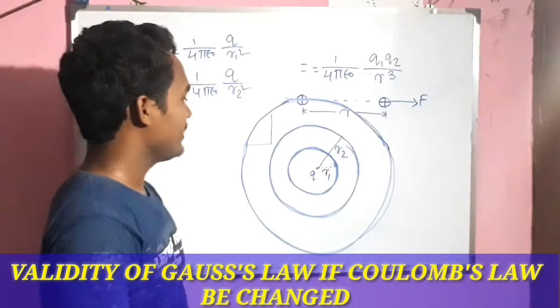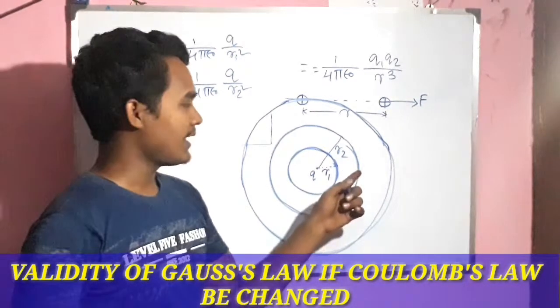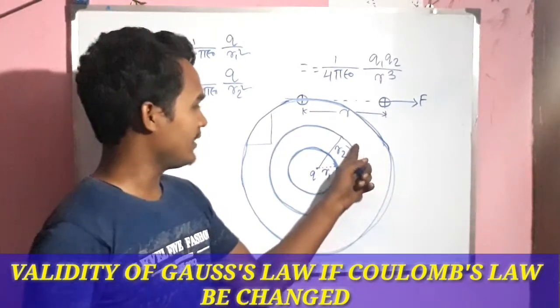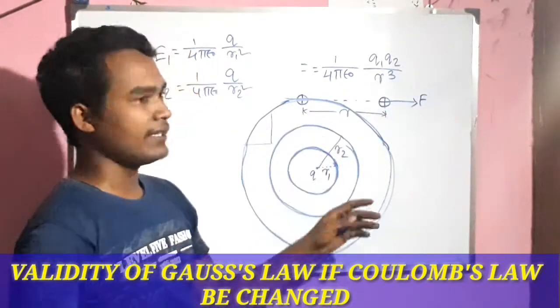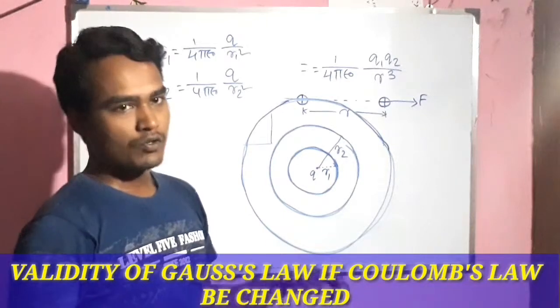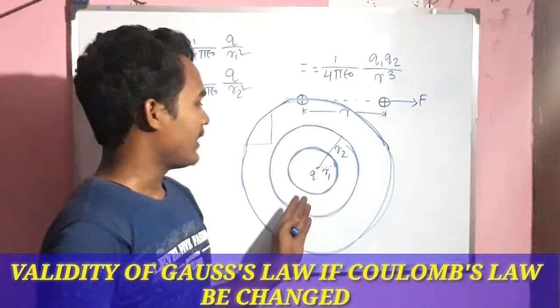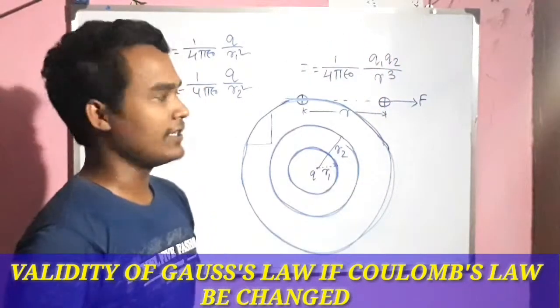So the electric field is larger here and smaller here. We know that the electric field decreases as the square as you increase the distance.